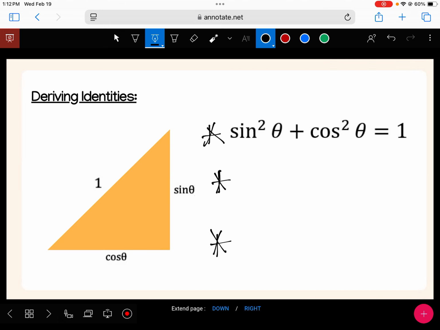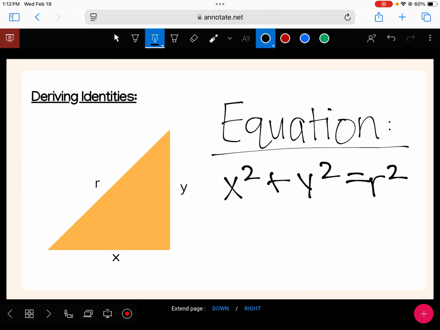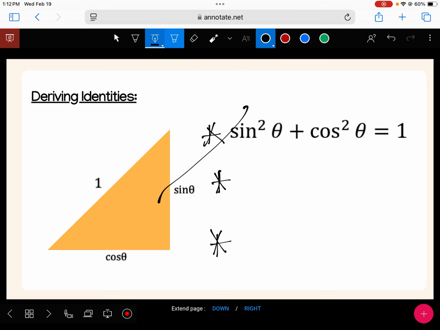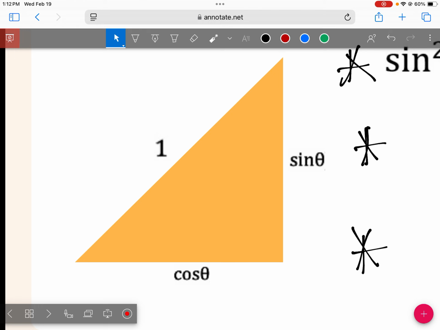Boom. On the unit circle, x is equal to what? Cosine or sine? Cosine. So you see how I literally copied and pasted these slides. So that's why our x is equal. This is x, this is y, this is r.